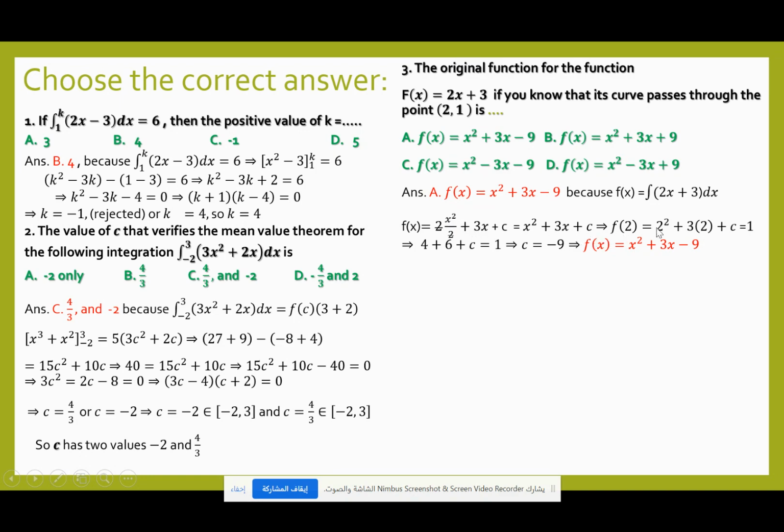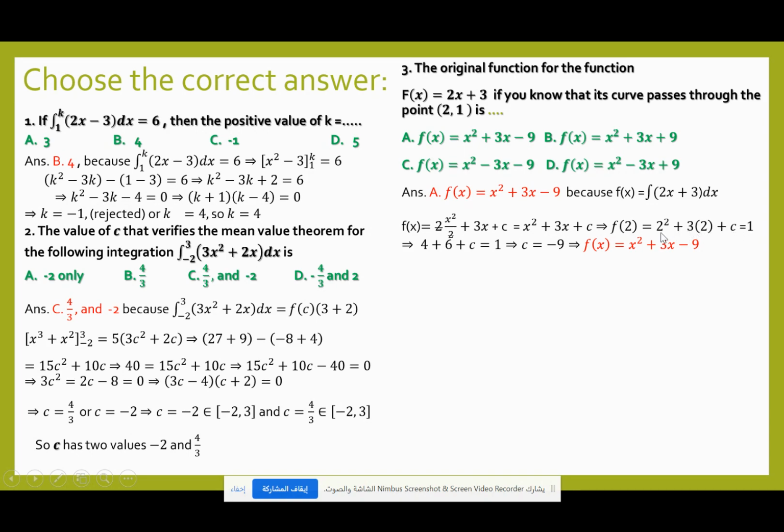Let us see how. f of 2: instead of each x, I'm going to write 2. 2 to the power of 2, plus 3 times 2, plus c. C is unknown till now. And that should equal 1. Where did we get 1? f of 2 is 1.